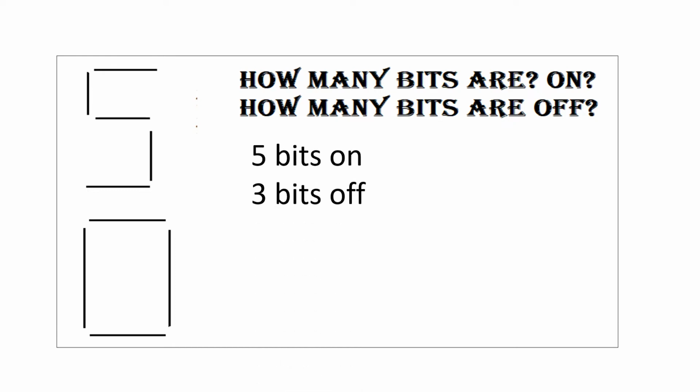Now, there are 3 bits off for character 5. For character 0, there are 4 bits on and 4 bits off. Look at character 0 now.